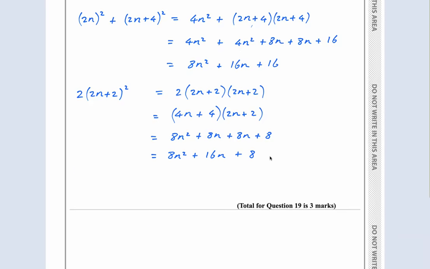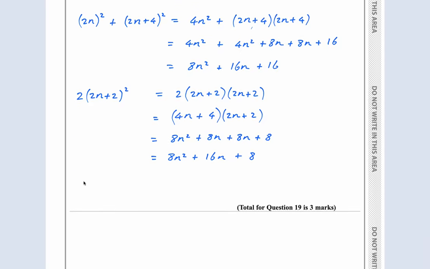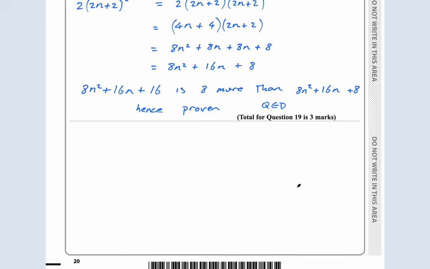So I can just finish it off by saying 8n squared plus 16n plus 16 is 8 more than 8n squared plus 16n plus 8. So then I can just say hence proven, or the fancy way to write that is QED.